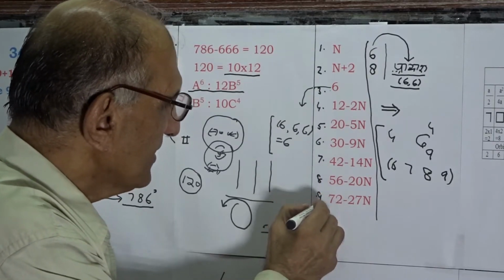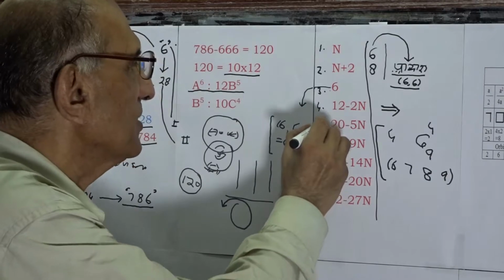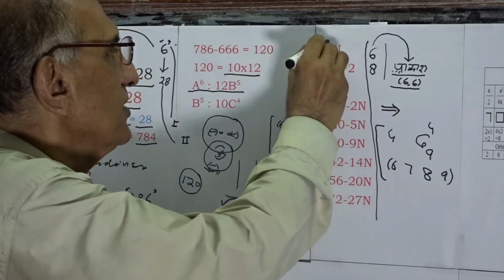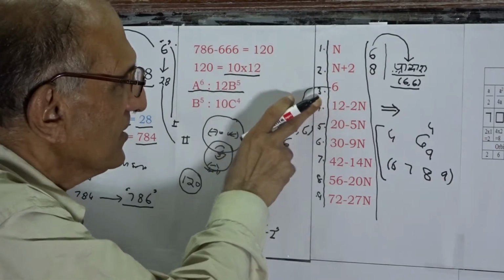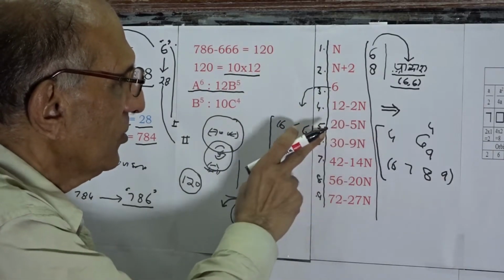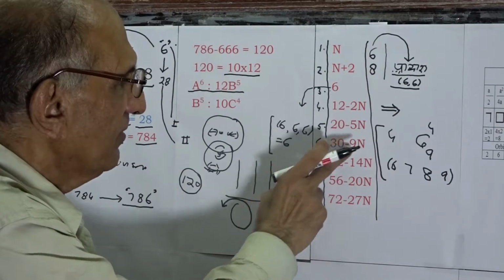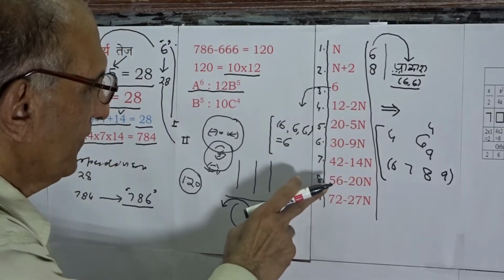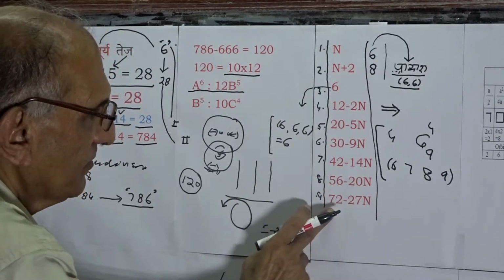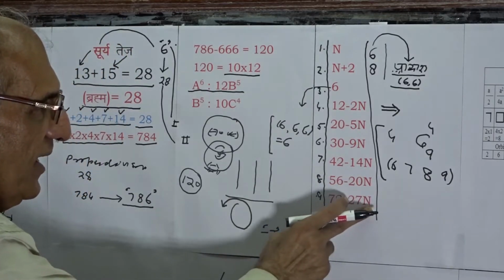These 9 steps synthesis values are to be reached at. The formulation is n plus 2, 6, 12 minus 2n, 20 minus 5n, 30 minus 9n, 42 minus 14n, 56 minus 20n, 72 minus 27n.